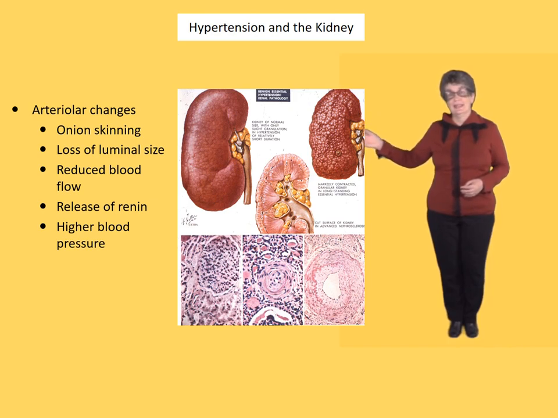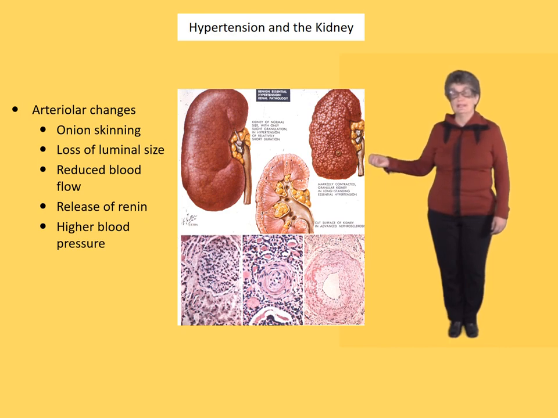Macroscopically, the kidney becomes kind of flea-bitten as it develops numerous tiny scars in the cortex. It develops these scars because it's not getting enough blood. Microscopically, what we can see in the far right picture is the thickened wall of the arterioles, which reduces the lumen size, and hence we get a decreased blood flow.